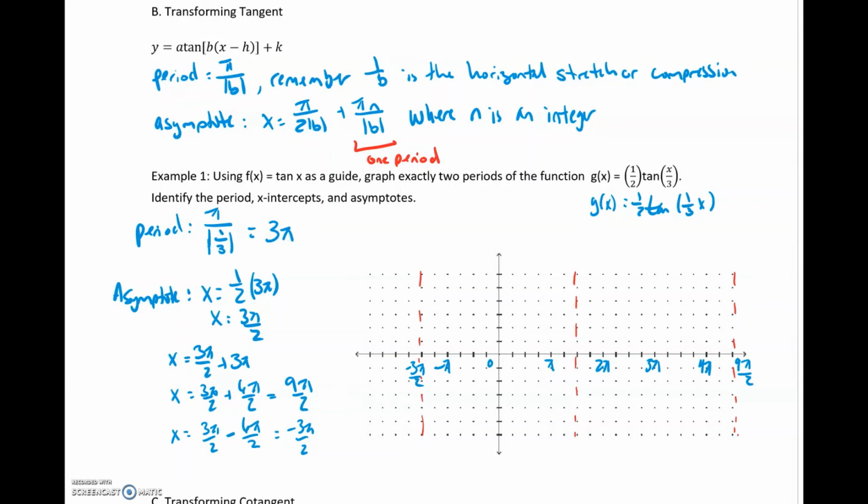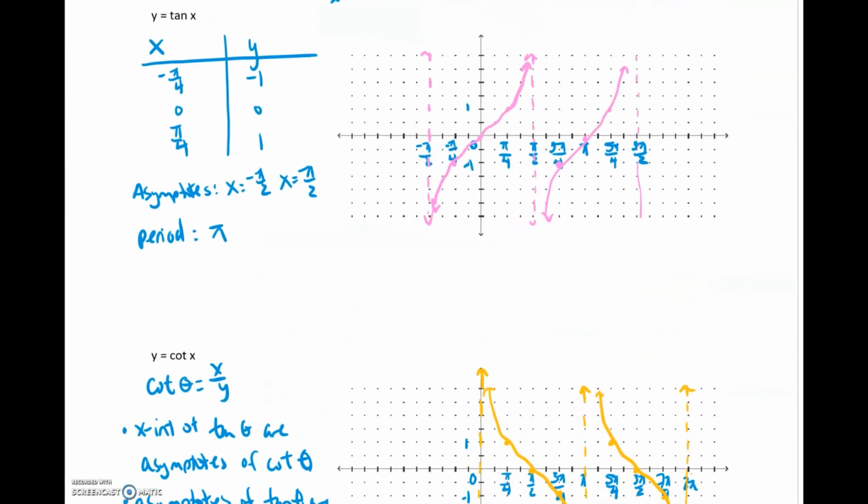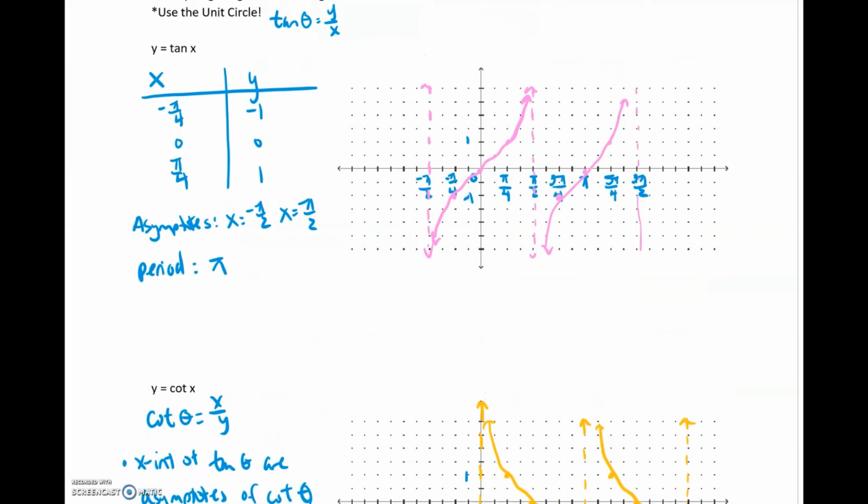All right. So now what we want to do is figure out the x-intercepts, those 2 other key points, and then we'll finish our function. So the x-intercept is actually very straightforward. As long as we don't have any phase shifts, so no movement left or right, they're not going to change. So if we go back to the original tangent function, our x-intercept was at 0 and then at pi, right?